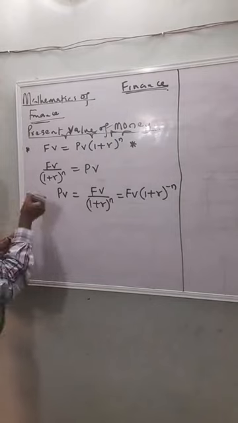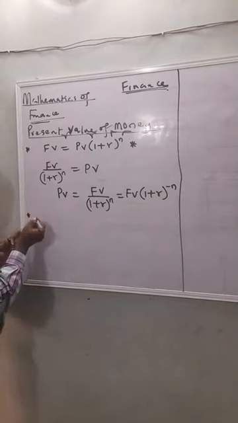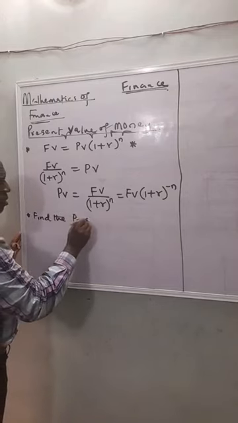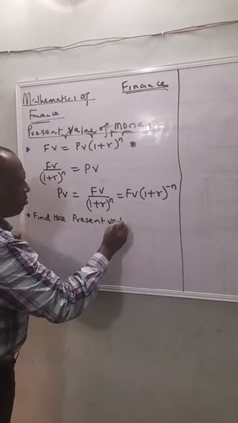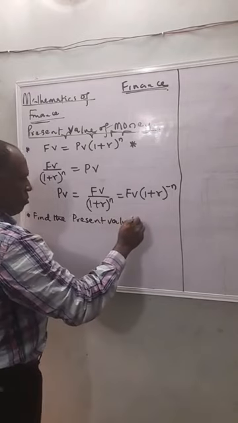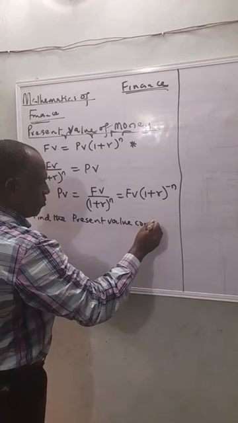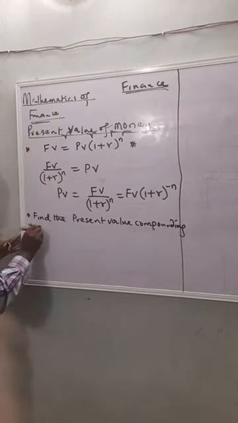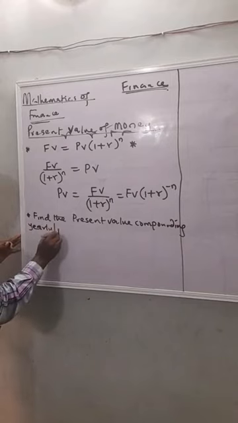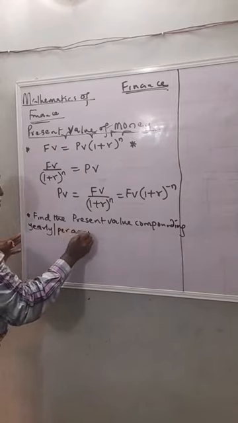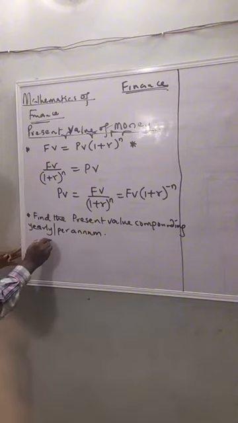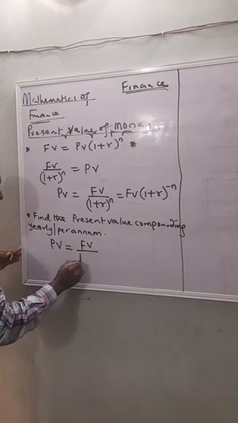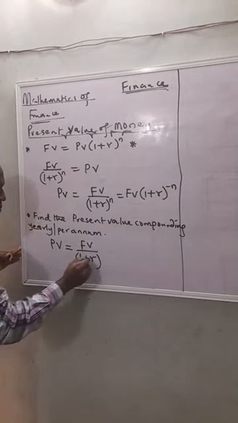So, having seen that, an examination question could say you find the present value of money, compounding yearly or per annum. This is the formula that will go. Present value will be equal to future value all over 1 plus r raised to the power of n.